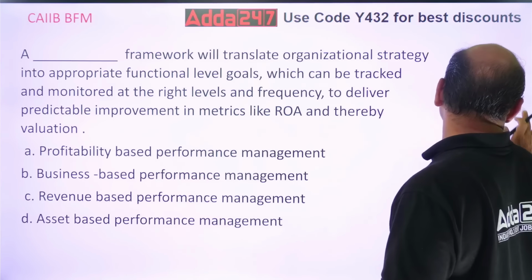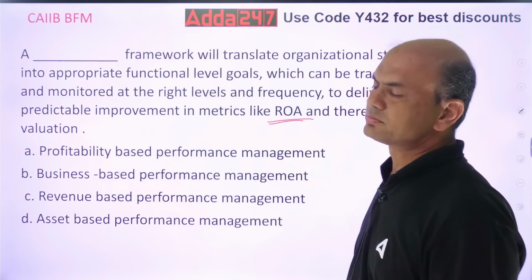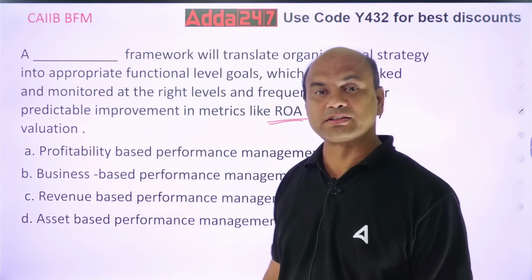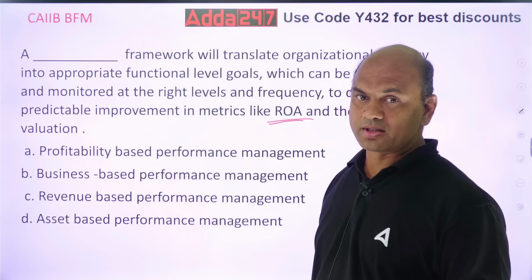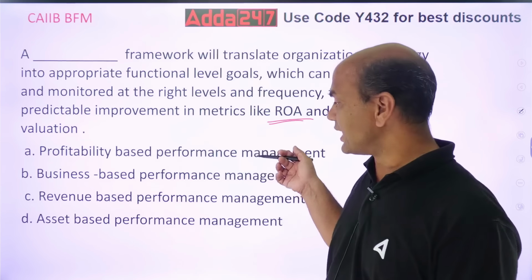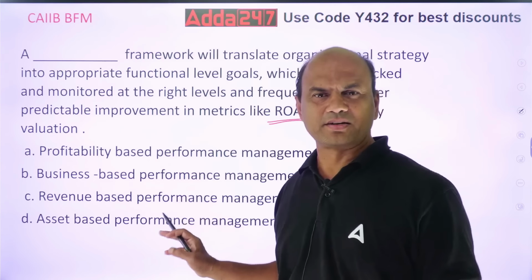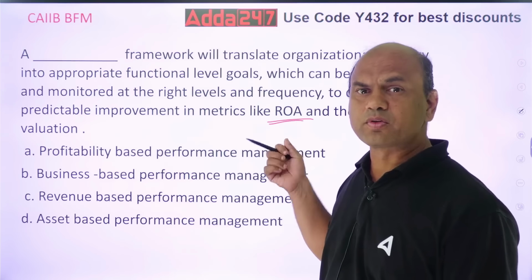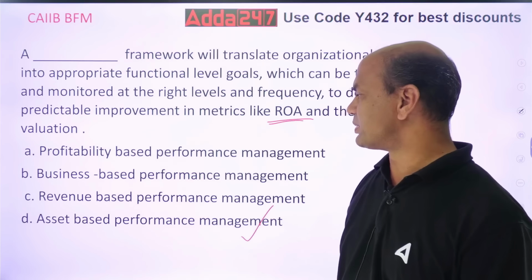Now for this you need to first understand the meaning of ROA, return on assets. Once you understand the full form of ROA, then immediately things become easy. Return on assets, so asset based performance management. Simple, isn't it? So the answer is asset based performance management.